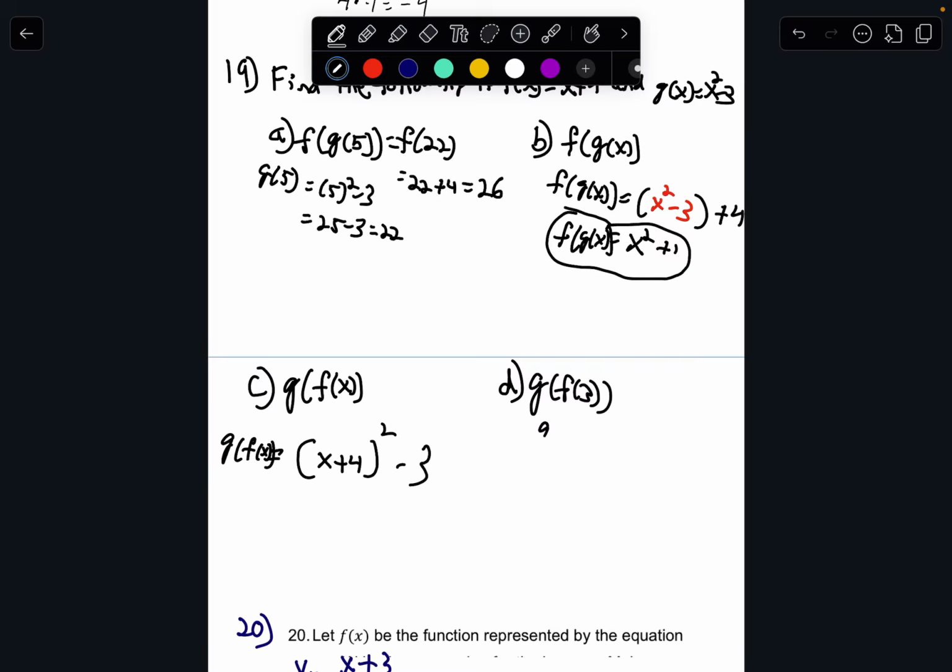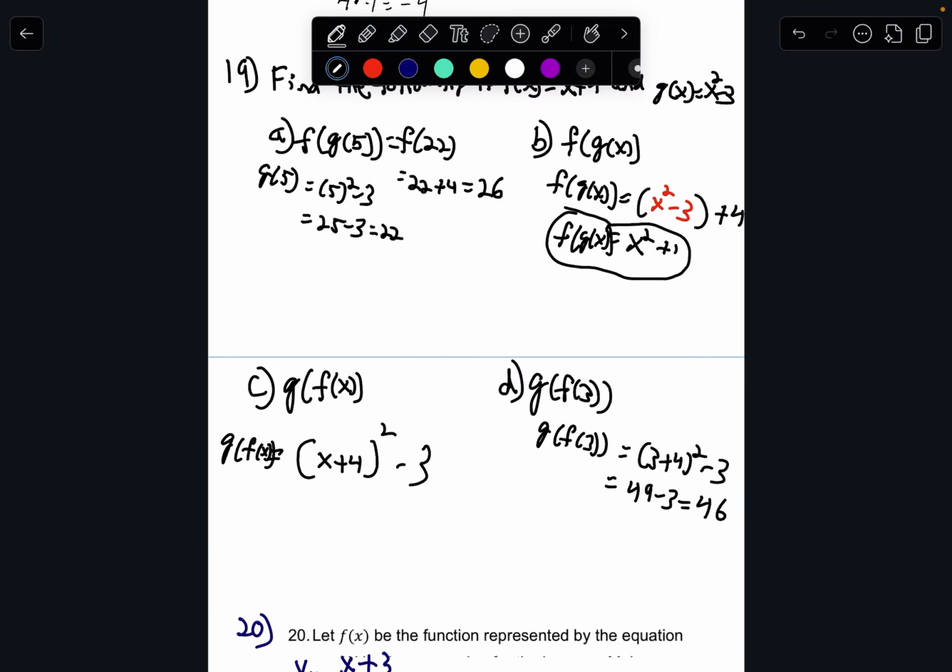Part D would be to put 3 in for x here, and that's going to equal 3 plus 4 quantity squared minus 3. And that's going to be 49 minus 3, which is 46. All right?